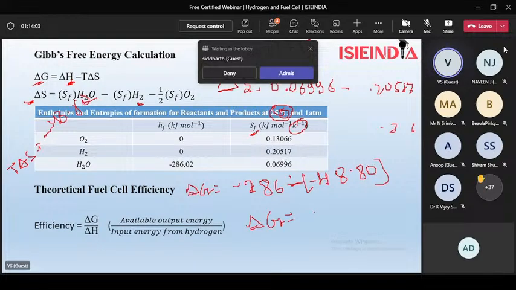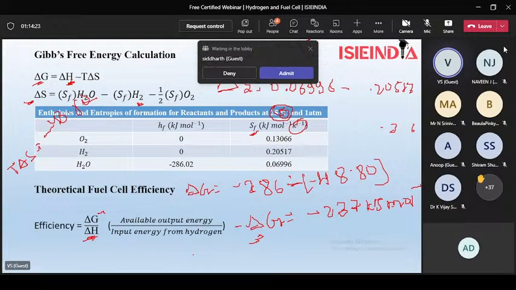So del G we will get is minus 237 kilojoule per mole. So we calculated the value of del G, and we have del H here. So del G and del H.